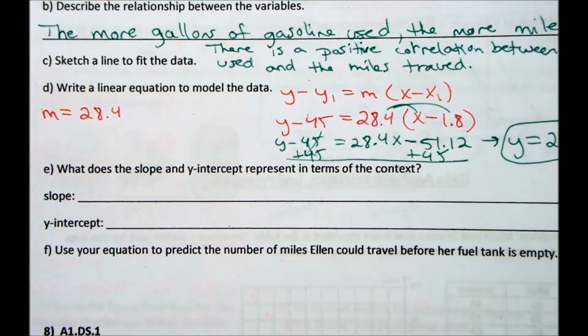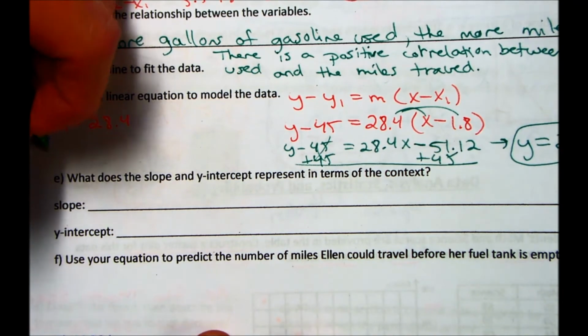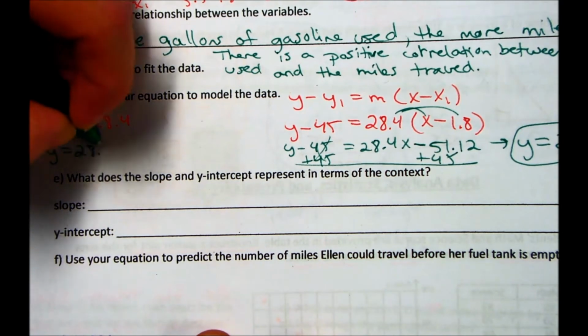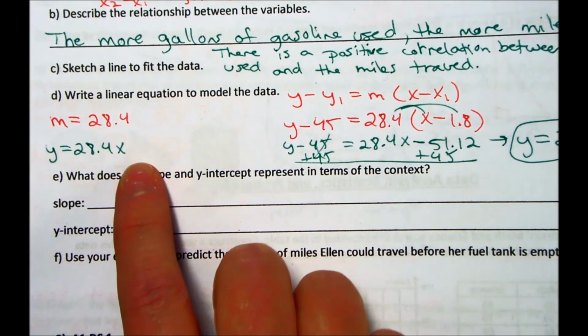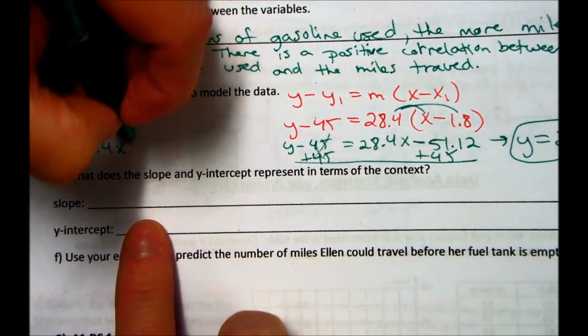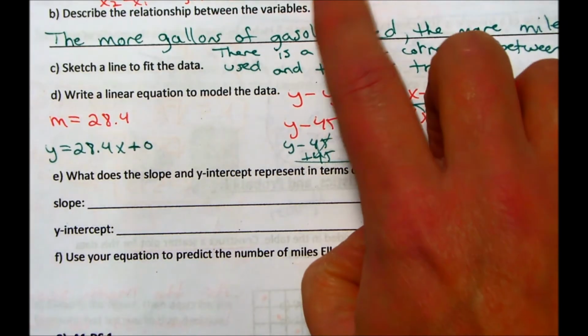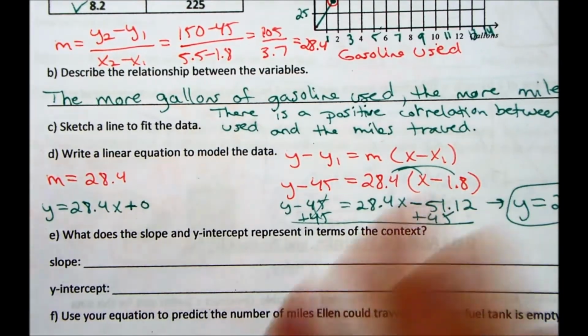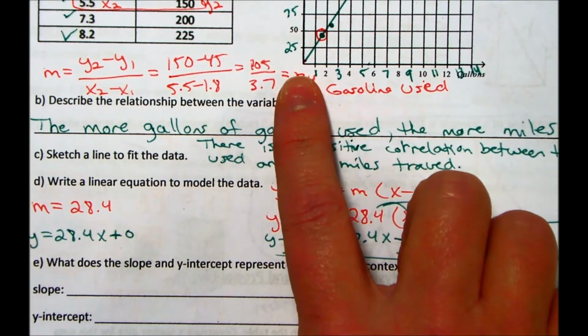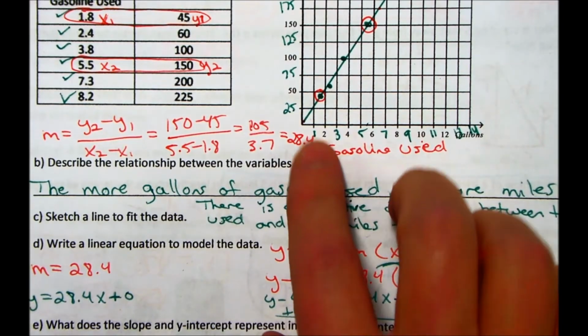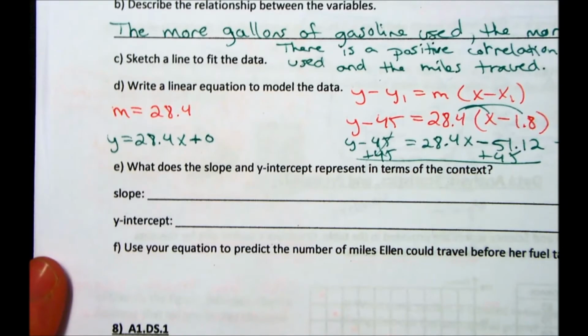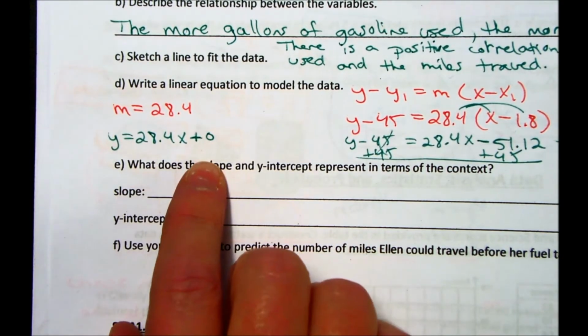So I'm not sure whether they would accept y equals 28.4x and then just leave it like that, because if you put a plus 0, your y-intercept should be 0. If you think about it, if you have 0 gallons of gasoline, then you should be going 0 miles. So that would make logical sense.